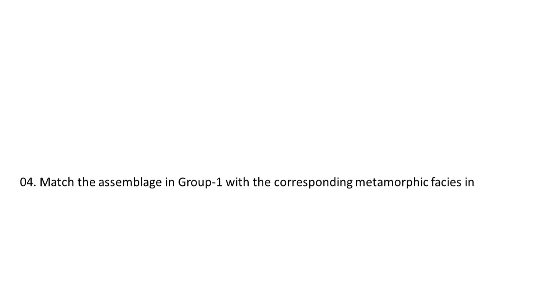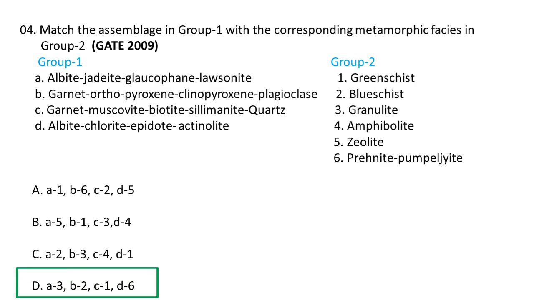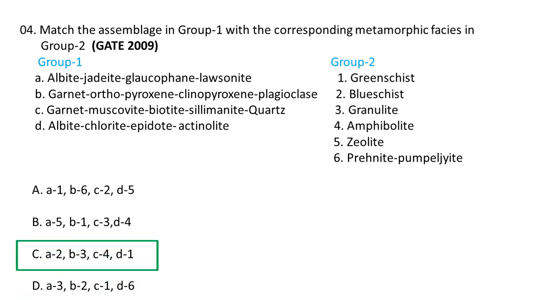Next question. Match the assemblage in group 1 with the corresponding metamorphic facies in group 2. The choices given in group 1 are different assemblages like albite, jadeite, glaucophane, lawsonite; garnet, orthopyroxene, clinopyroxene, plagioclase; garnet, muscovite, biotite, sillimanite and quartz; and albite, chlorite, epidote and actinolite.